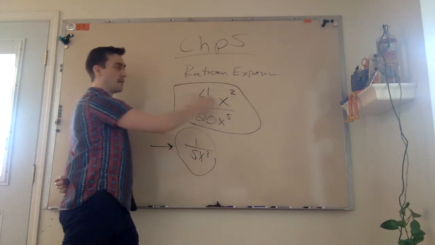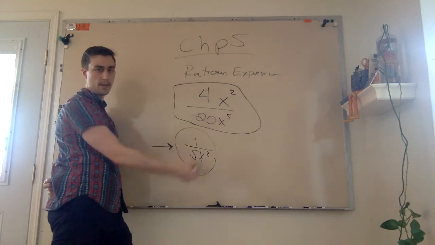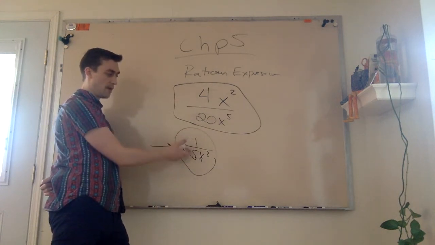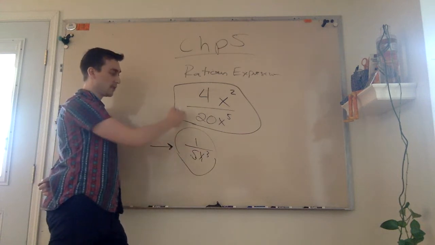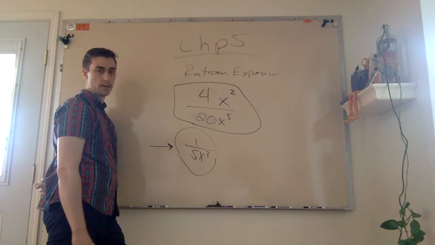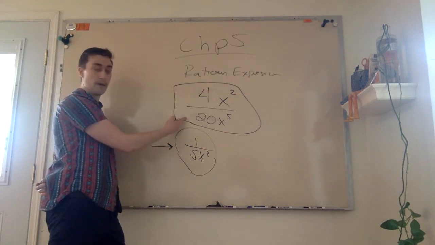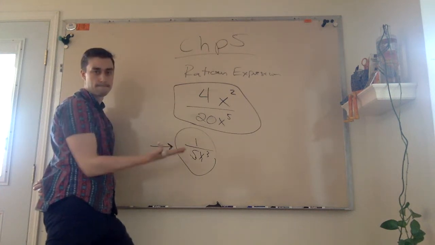Right, so 4 times 10 squared divided by 20 times 10 to the 5th, and see what you get. Then do the same thing here. Pick x equals 10, do 1 divided by 5 times 10 to the 3rd. You'll get the exact same number. It's because these two expressions are equal. Right, so it's just much easier to do your calculations with this one than it is with this one. Being that they're the same, why not use the easier one?